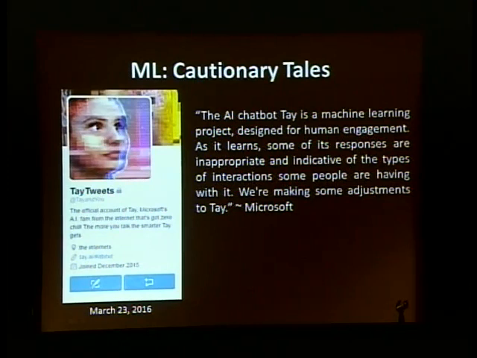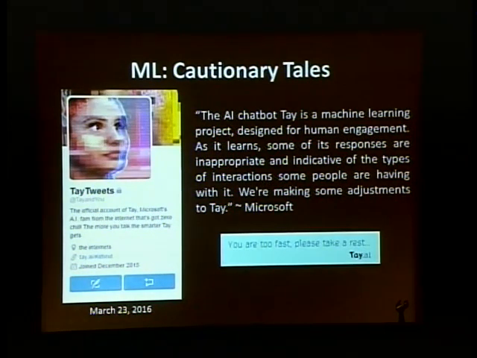Fortunately, the system did come back online for another day or so. And before they finally took it offline completely, it sent out one last very prophetic tweet: "You are too fast, please take a rest," which I think is a really important message from our future robot overlords.